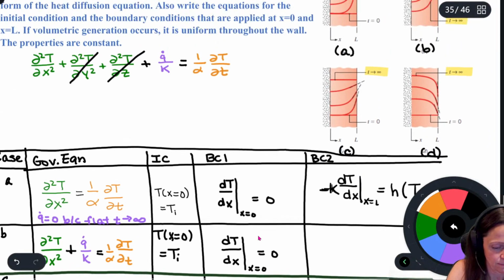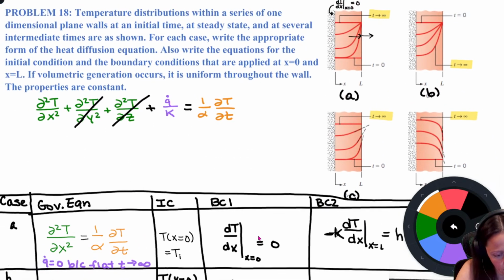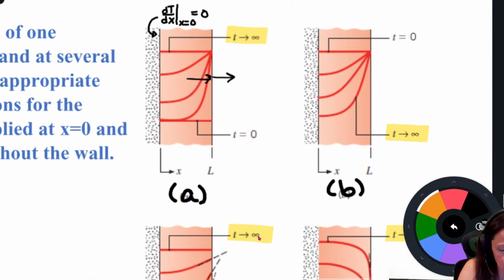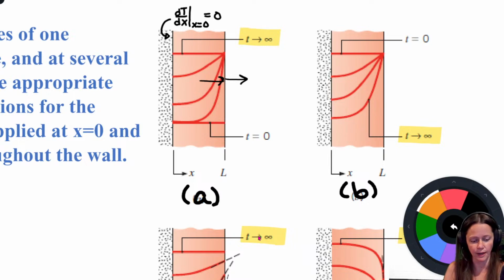All right, so let's look at B. See what kind of boundary condition we've got. So you can see at x equals L, I have one temperature. There's only one possible temperature. Even starting at x equals 0, all the way till I run out the clock, the temperature at x equals L is always some constant temperature.